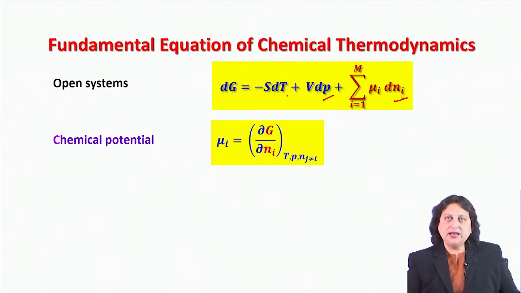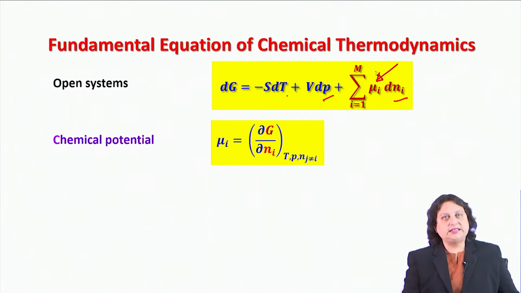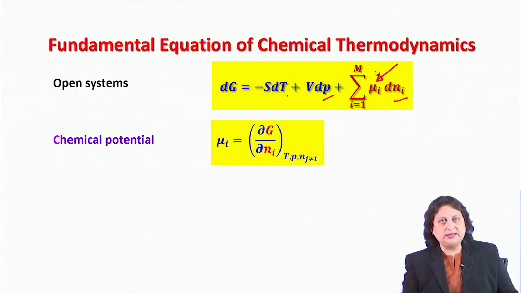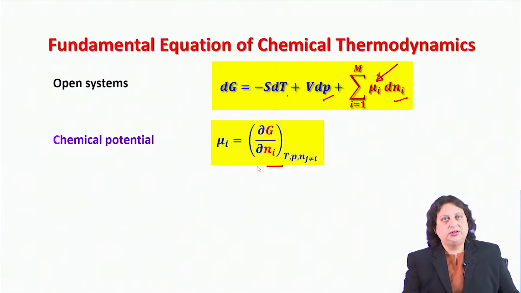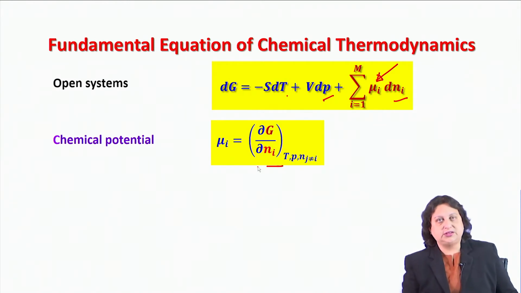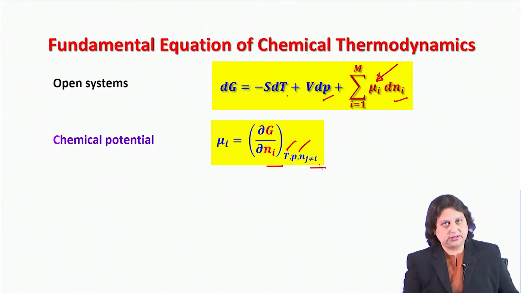Now, in addition to temperature and pressure, we have introduced here the chemical potential. I understand that the chemical potential is defined in terms of a partial derivative of G with respect to the number of particles of the ith type, keeping temperature, pressure and number of all other particles constant.